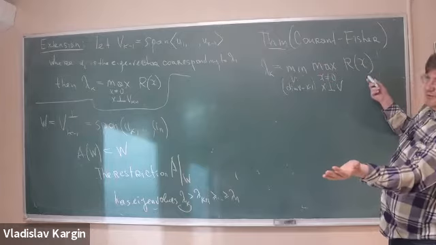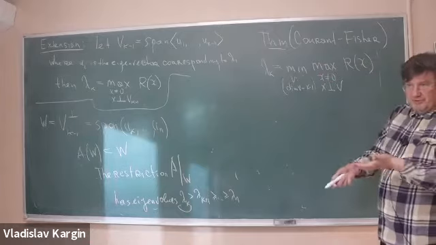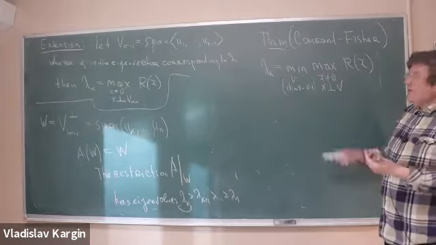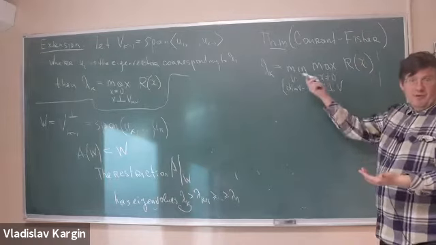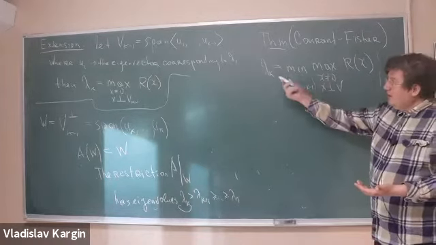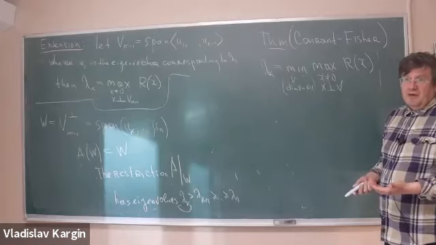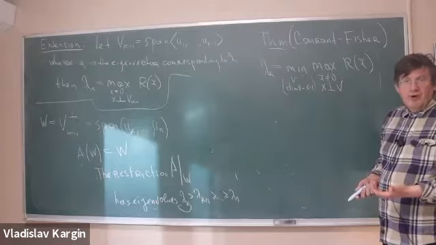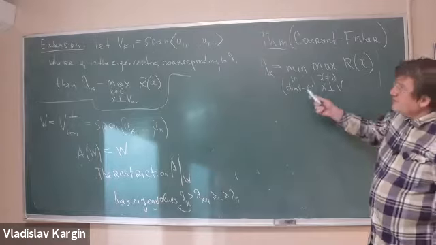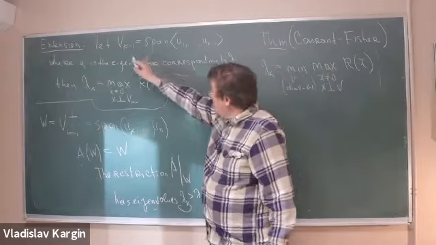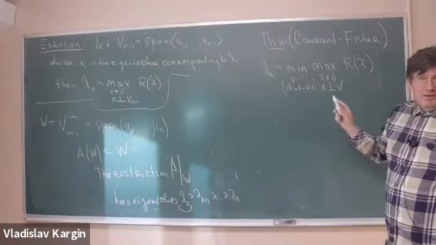You'll get a bunch of numbers which depend on the line. So take the smallest of them. The smallest of them will give you lambda 2. Essentially this says that V_{k-1} gives you a minimizer here.